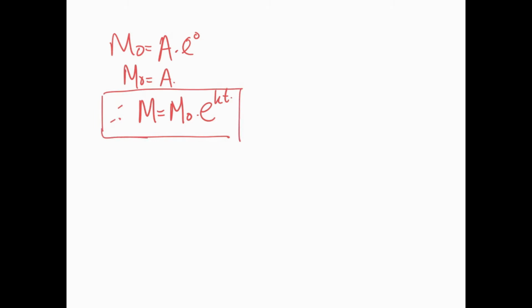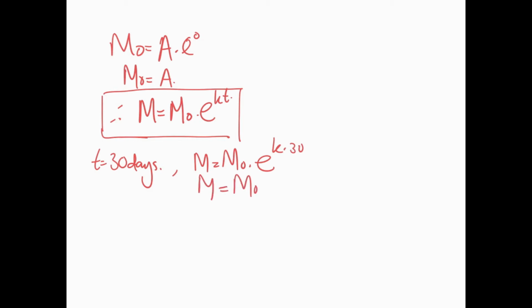Question B. Find the value of k if after 30 days only half the initial amount of plant food is effective. To find k, t equals 30 days. So sub t with 30: m equals m0 multiplied by e to the power of 30k.